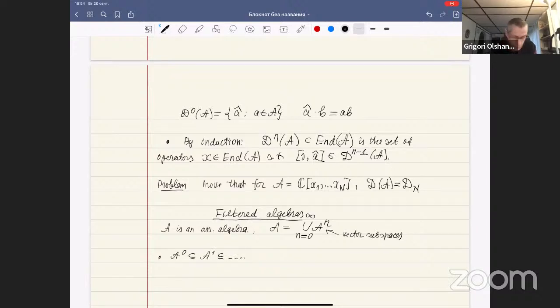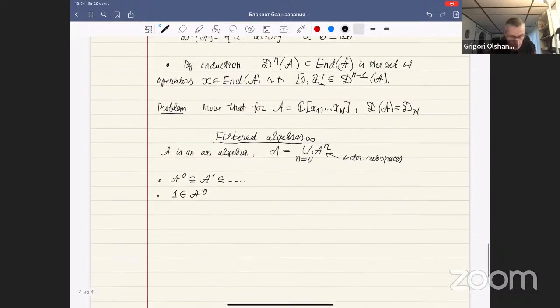The next thing I want: the algebra is unital, and I want the unity to be contained in the component number 0.